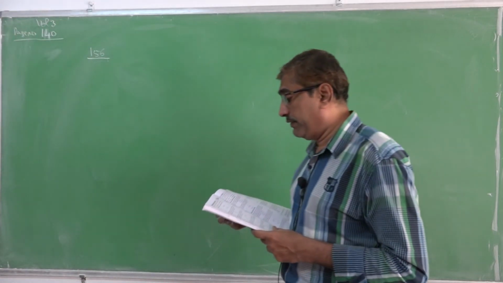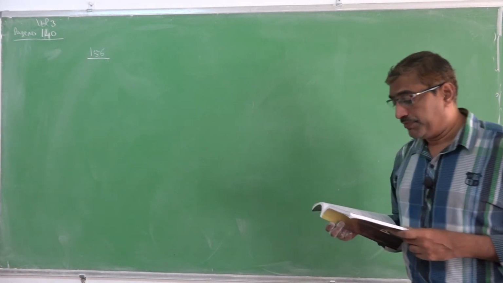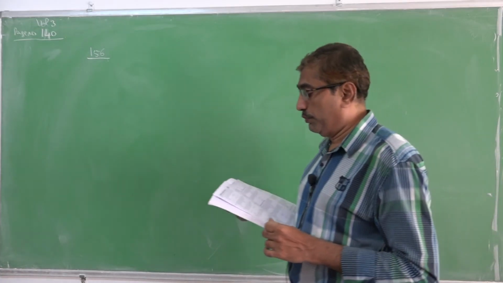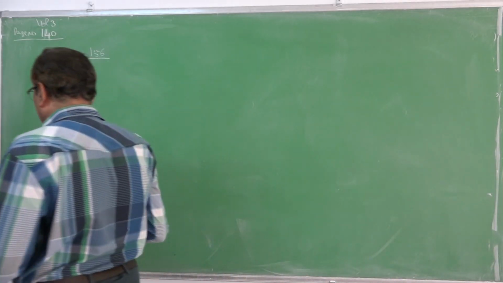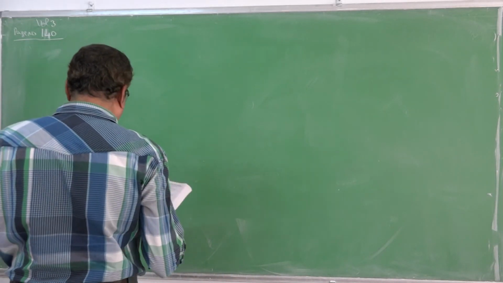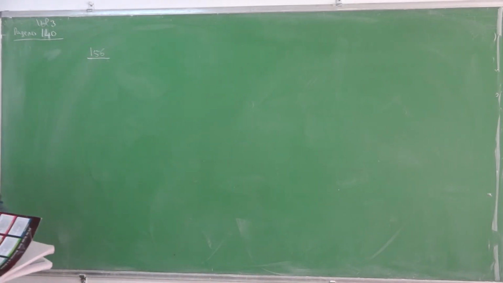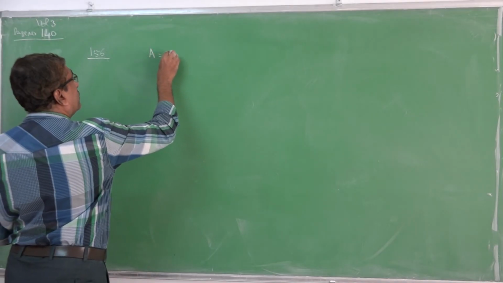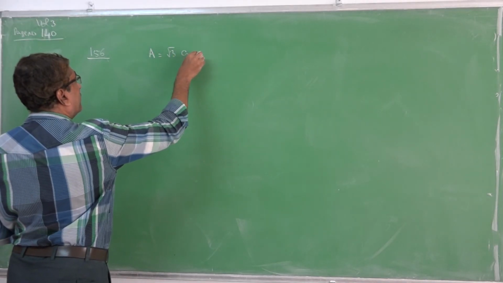The displacement from its mean position at which its potential energy and kinetic energies are in the ratio 1:2. We have to calculate the displacement at which potential and kinetic energies are in the ratio 1:2. Given amplitude of oscillation is √3 centimeter.